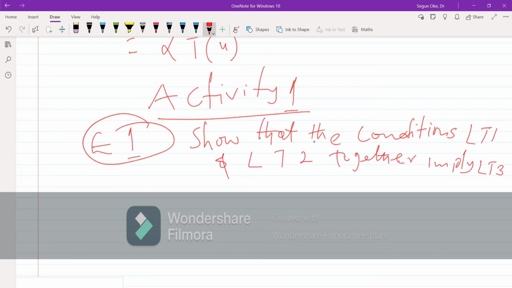How do we show this particular one? If you look at the solution, it says for any A1, A2 belongs to capital F, we know that. And we know that our U1, U2 also belongs to capital U.